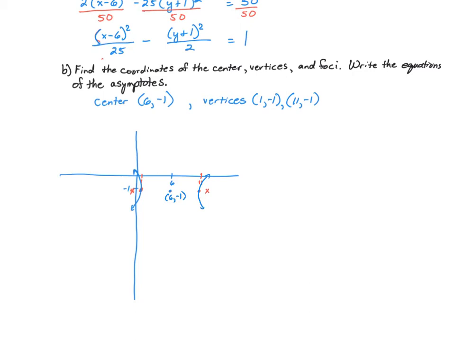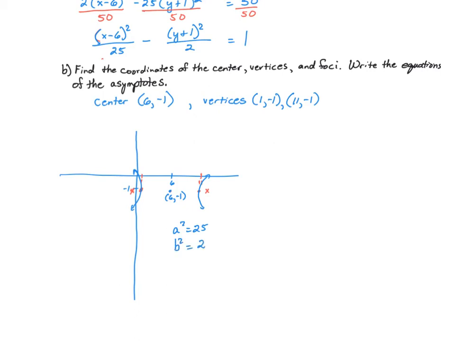So I need to find c. Well, let's jot down what we know. We know that a squared was equal to 25. It's right here, the denominator of the first term. I know that b squared is right here, 2. So let's write that down. So b squared equals 2.